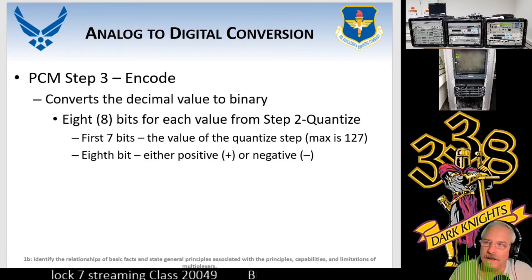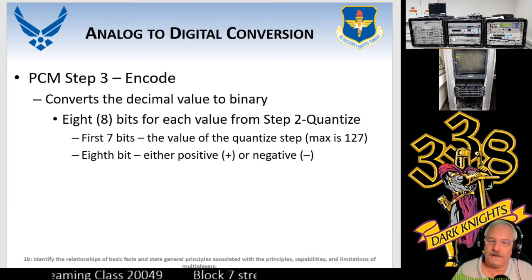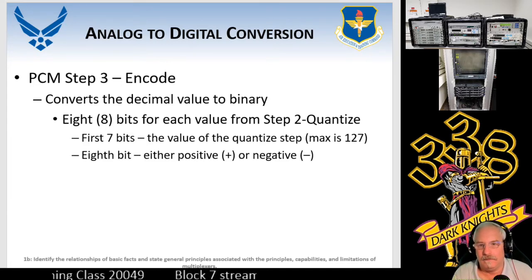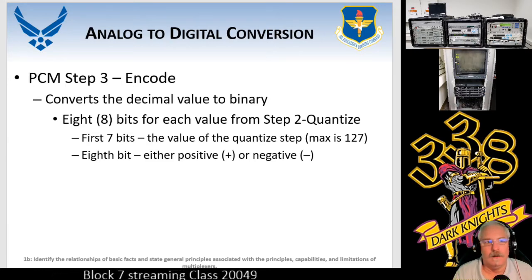Okay, the last one is encoding. So now we've taken the sample and put it on a table, given it a number. Now we've got to put that number into an 8-bit word. Well, first of all, the first 7 bits equal 127.